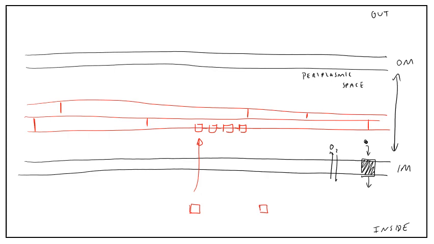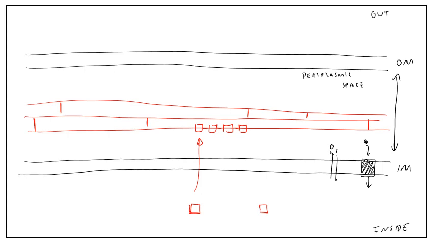The periplasmic space is a really important site for protein folding and for antibiotic detoxification within gram-negatives. So it's not something that's there to be ignored. And hopefully, as I go through, its importance will become a little bit more clear.